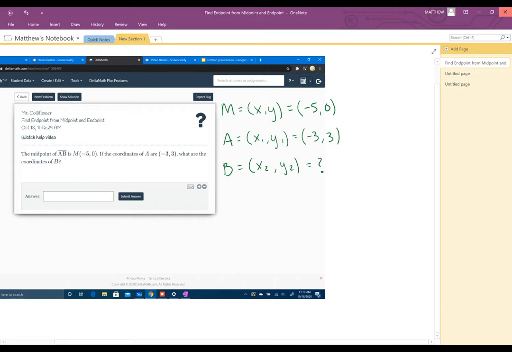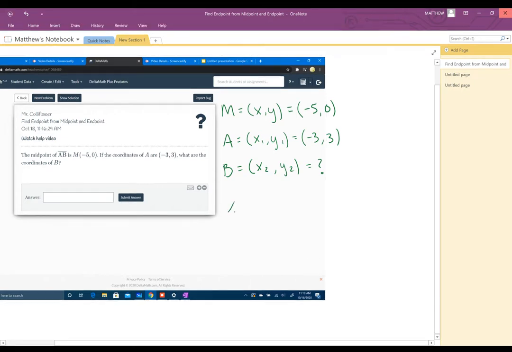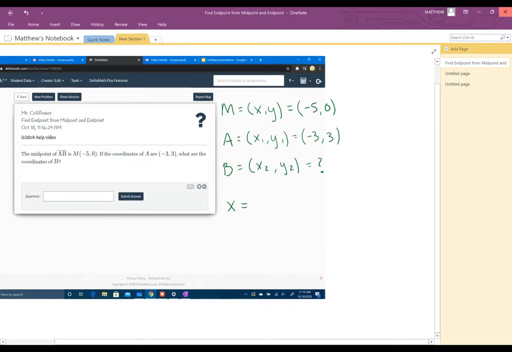What I'm going to do is set up the midpoint formula and solve for the missing values for the coordinates of B. So from the midpoint formula, I know that my x, which is the midpoint value for the coordinate x, is equal to -5, which is equal to x1 plus x2 divided by 2.